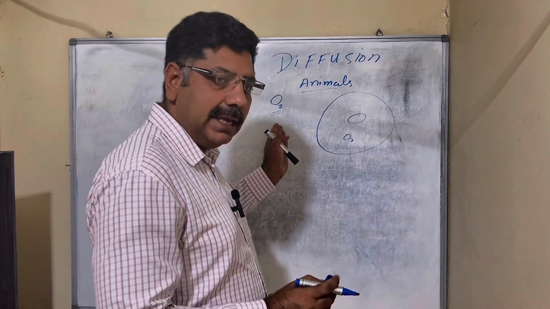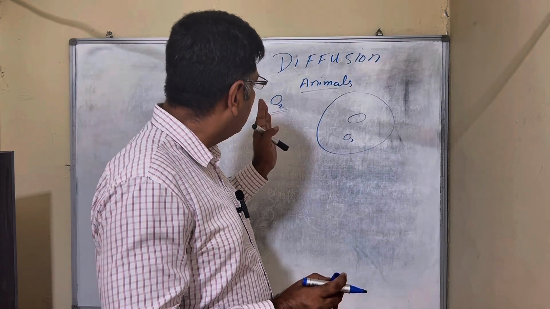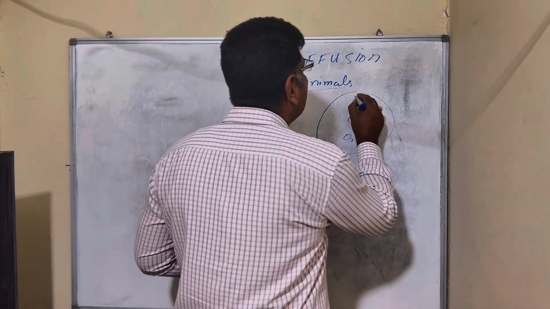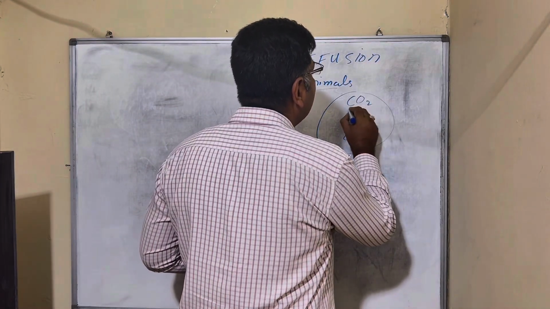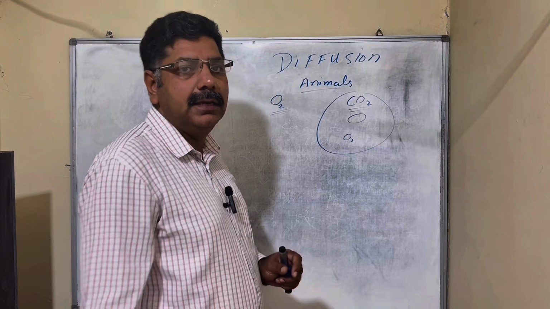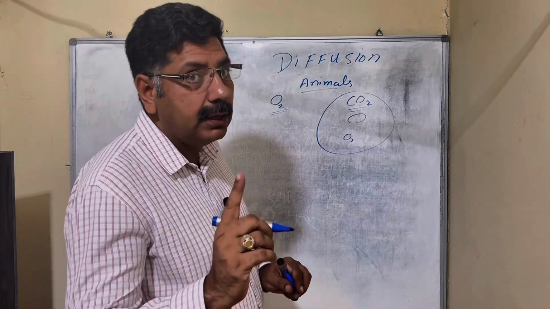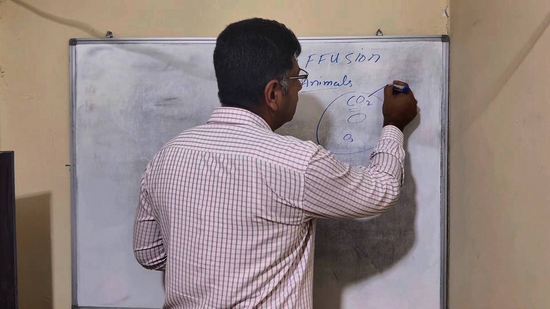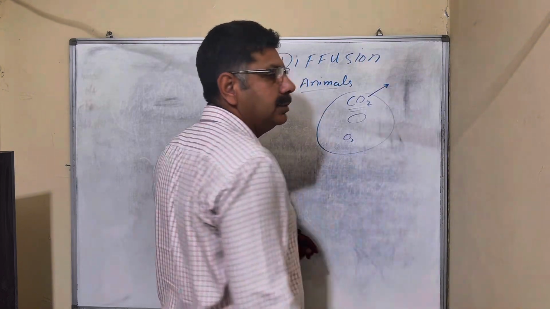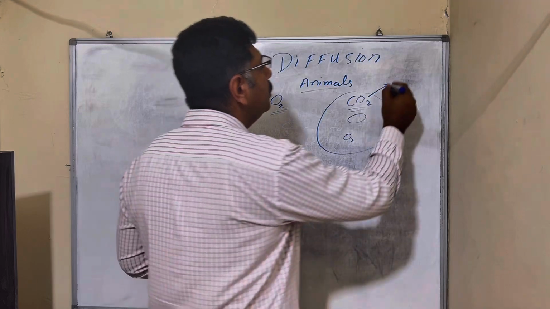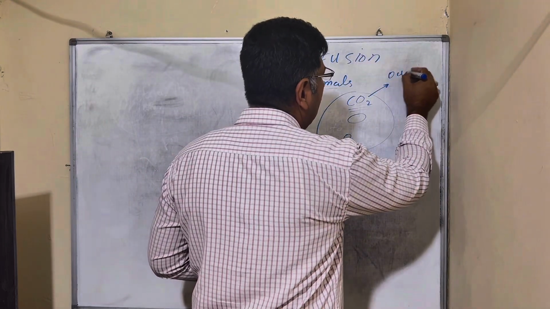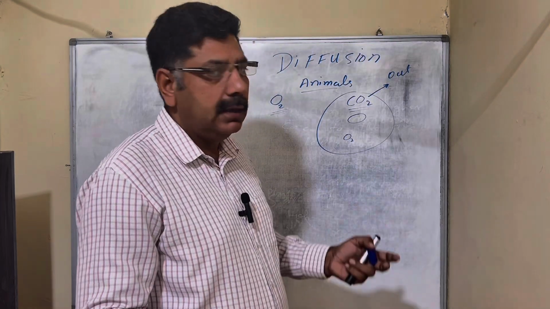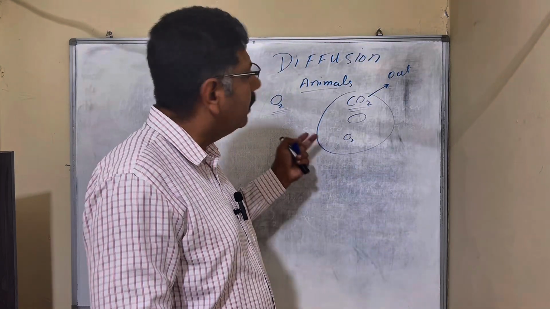Now oxygen is in more concentration than inside the body, and carbon dioxide, CO2, is more inside the body of a living organism, man or animal. So it will be sent out, diffuse out. It's dangerous, cannot stay more time than the oxygen.